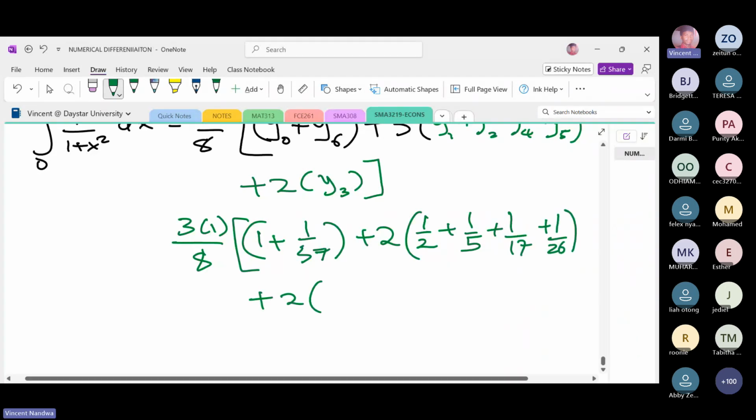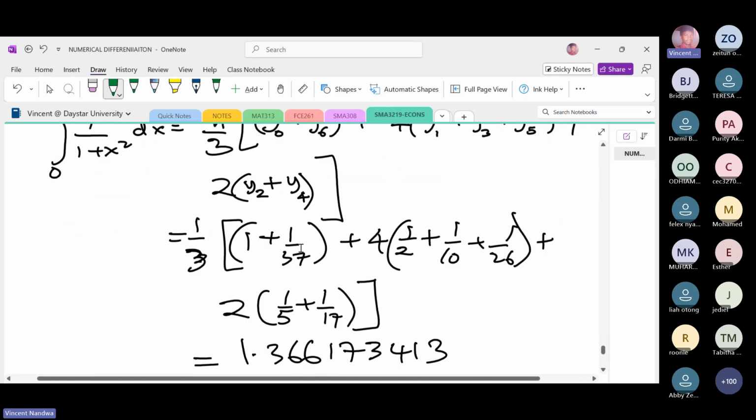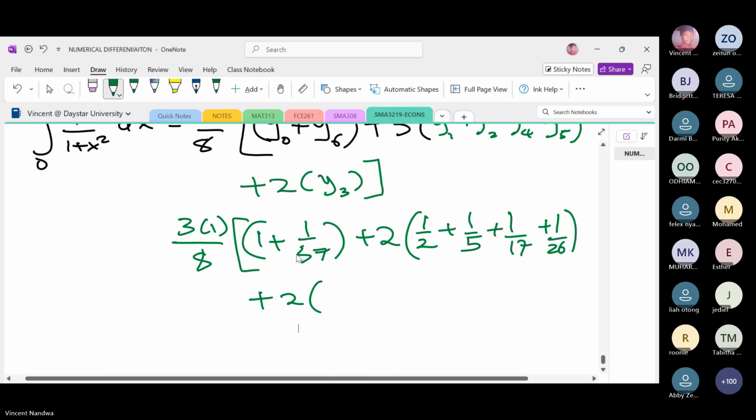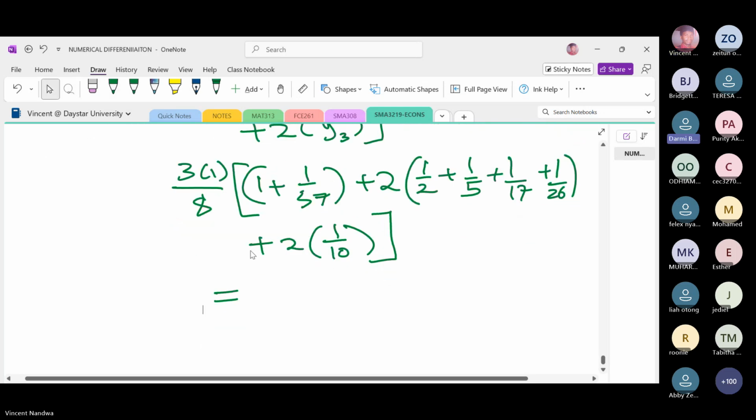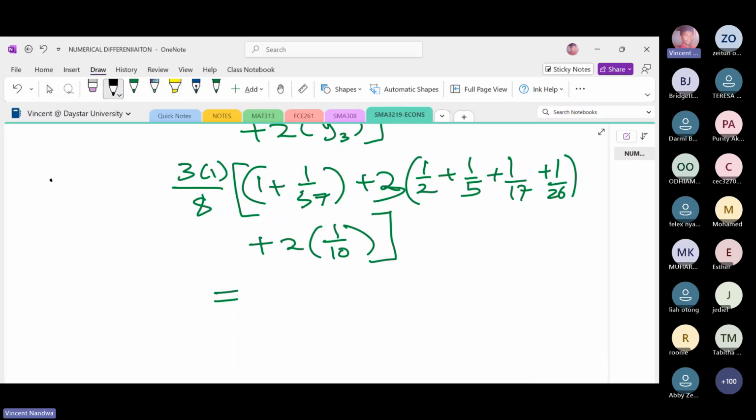Then plus 3 times y3, and y3 is 1 over 10. That 2 should be 3. So can you also simplify and tell me the value of this? Good, I can see people are following. So can you simplify and work out?